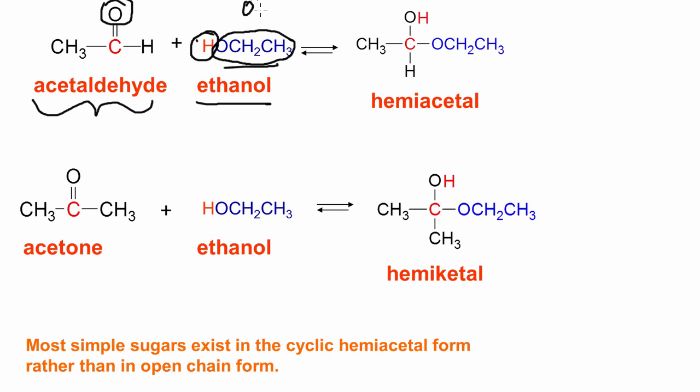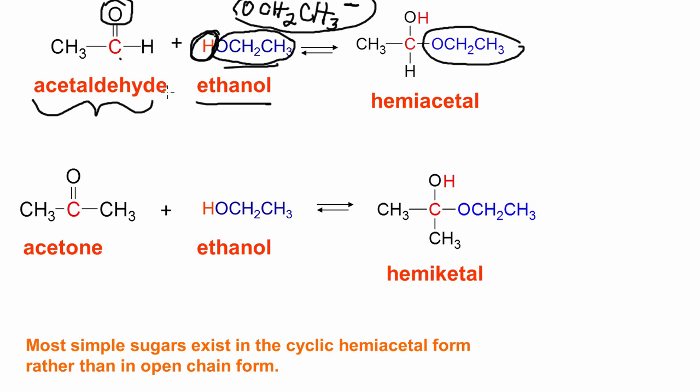This alkoxide ion. So you have this negatively charged ion left. So hydrogen ion from here adds to the partially negative oxygen, and then this alkoxide group here adds to the partial positive carbon, forming this.